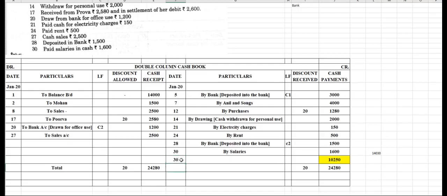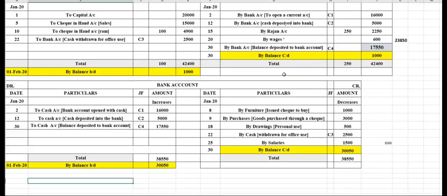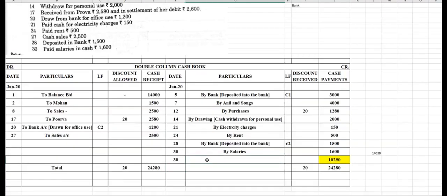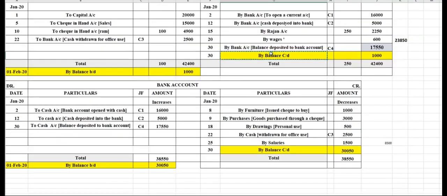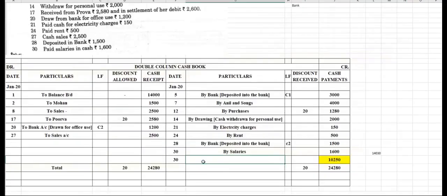On 30th, let me copy it from here: by balance carried down. The same thing. What we will do here is the balance brought down.